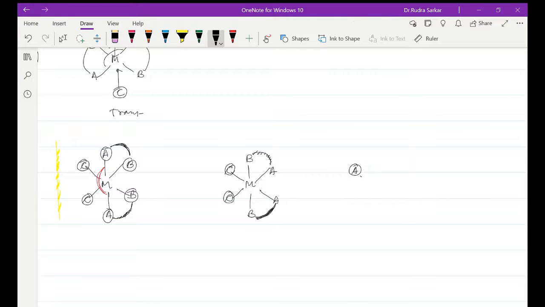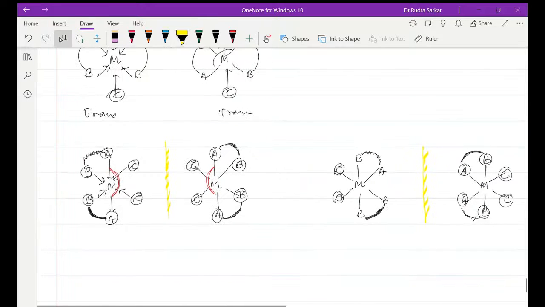So that means in the mirror image, A is out here, then we have M, A is out here, then we have B, we have B, and then we have C, we have C, like that. This will come in the front because it is the mirror image, and this chain will come in the back, indicating these are two separate isomers and they are basically the mirror images of each other.